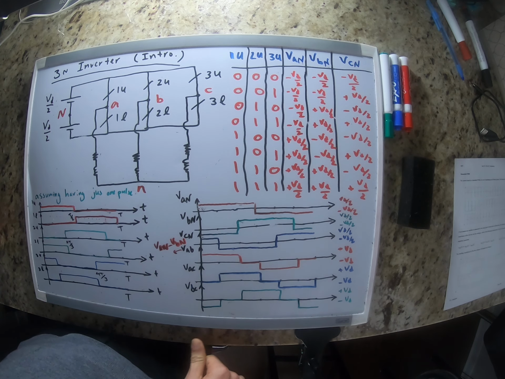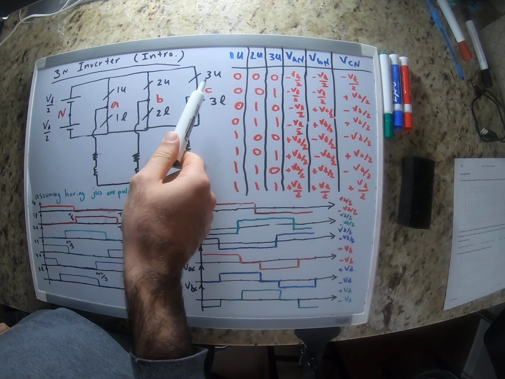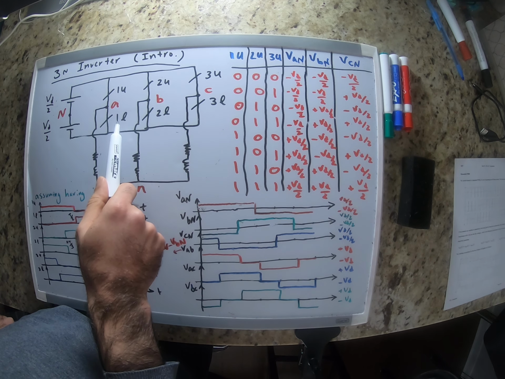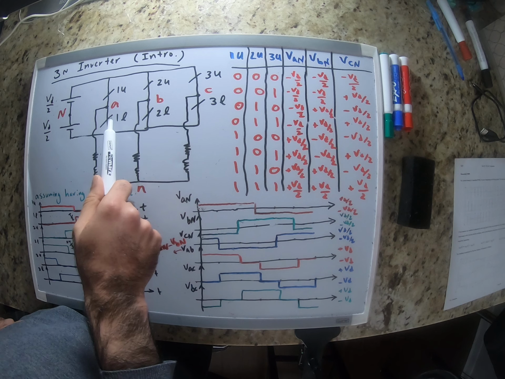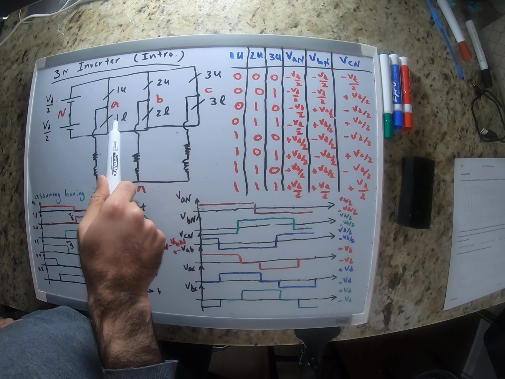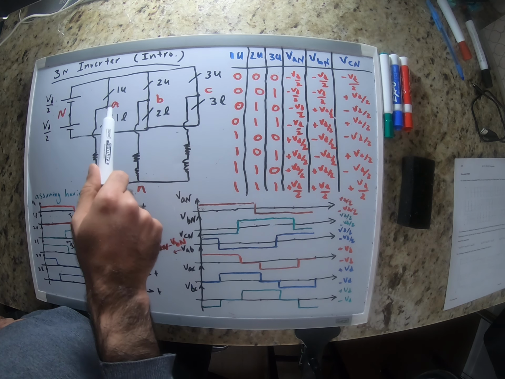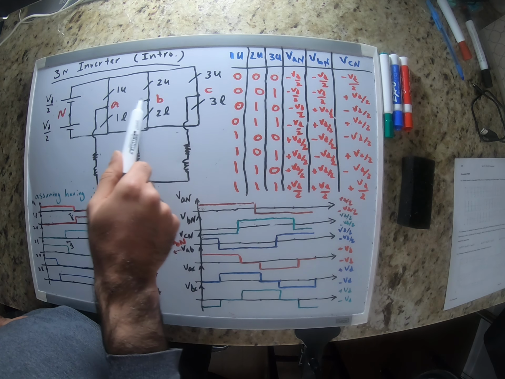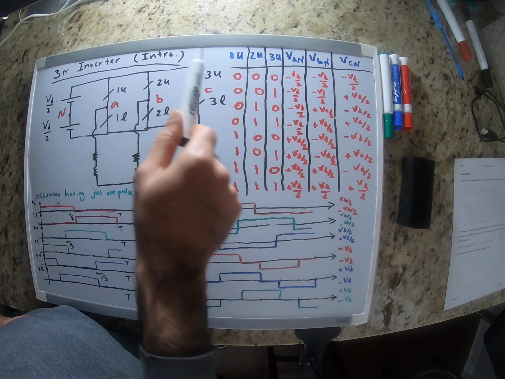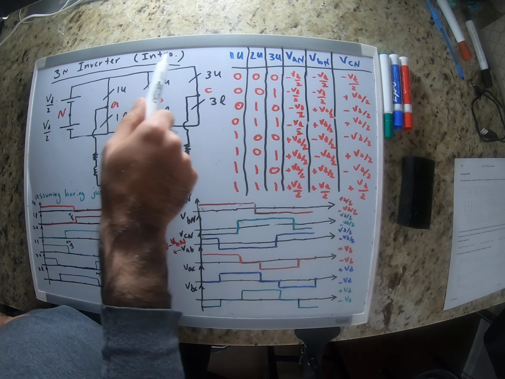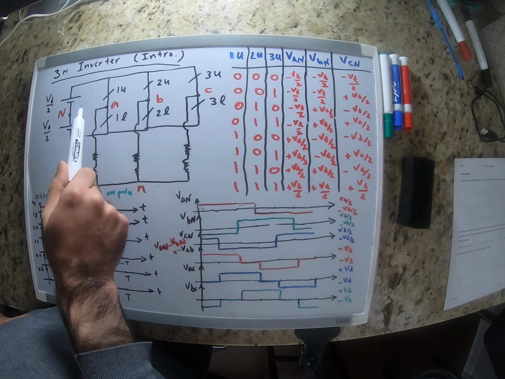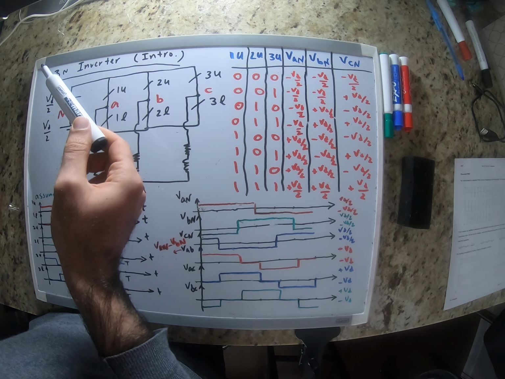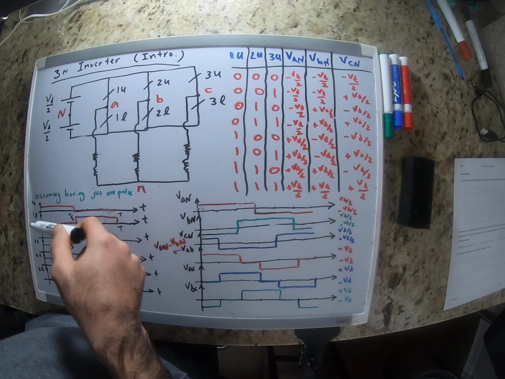As I mentioned, we have 6 switches in 3 different legs. Because the status of the lower level switches is determined by the status of the upper level switches, we can just draw a truth table based on these 3 switches. Because we have 3 switches, we're going to have 2 to power 3, or 8 states.